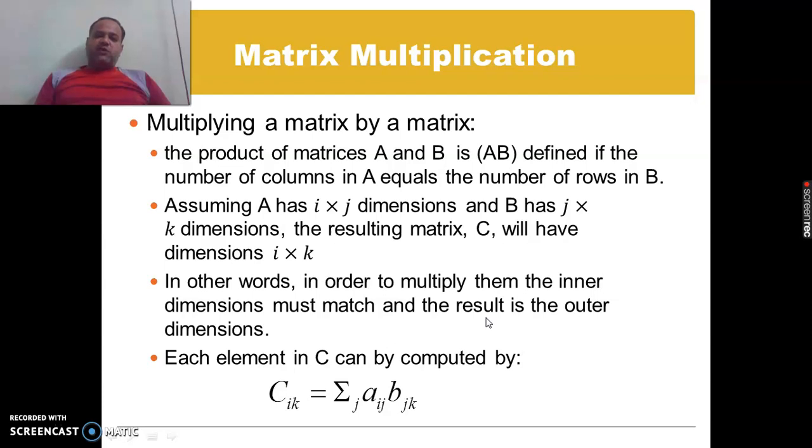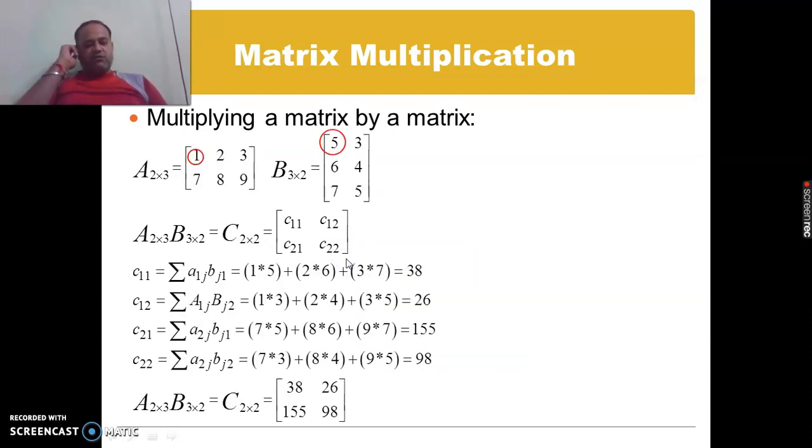Now matrix multiplication. The basic thing, which is very important, is that for matrix multiplication the basic condition is that the number of columns in capital A equals the number of rows in capital B. Here are some notes regarding matrix multiplication.